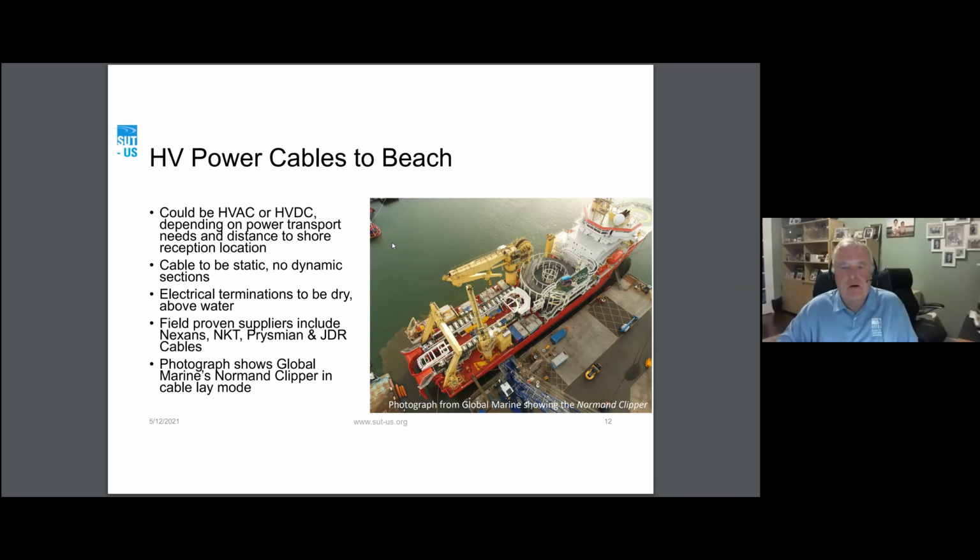But all of this is field proven. And when you look at what companies like Nexans, NKT, Prysmian, JDR Cables have got, all of this is commercially available for stations that have little motion. If they're not moving too much, then these work great. So going on.